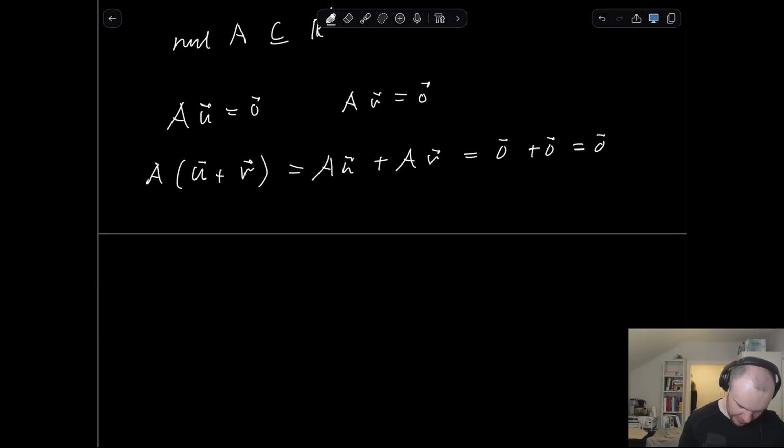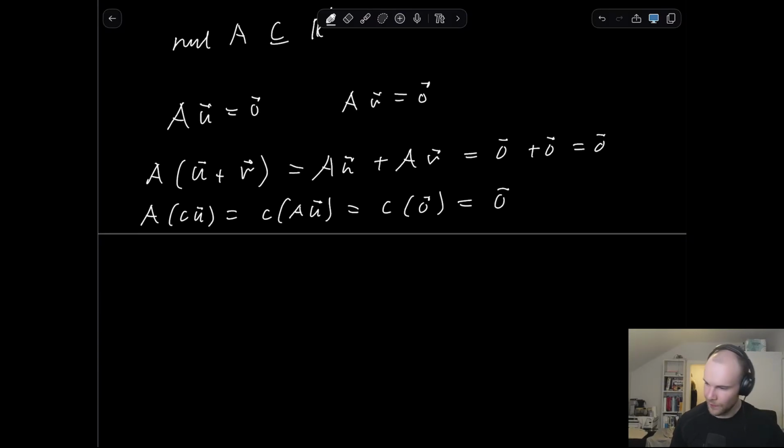And I can do the same thing for a constant. A times cu. You cannot move vectors around, but constants you can. So this is the same as c times Au, which is c times the 0 vector, and that is just the 0 vector. So all of them are true.